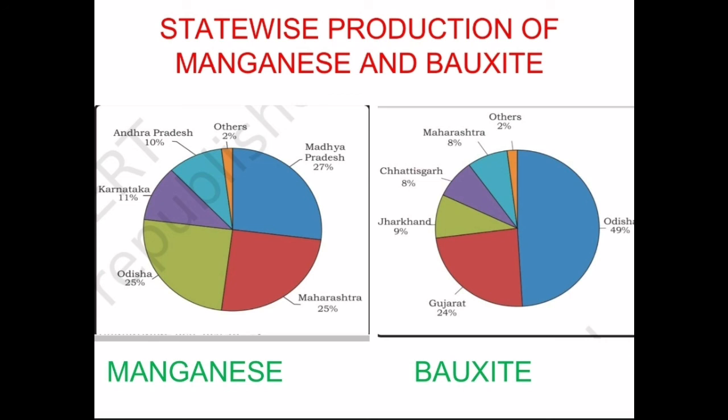In the case of bauxite, the largest share comes from Odisha, 49%, then 24% from Gujarat, 9% from Jharkhand, 8% from Chhattisgarh, and 8% from Maharashtra. The rest 2% comes from the other states. So this is the state-wise production of manganese and bauxite.